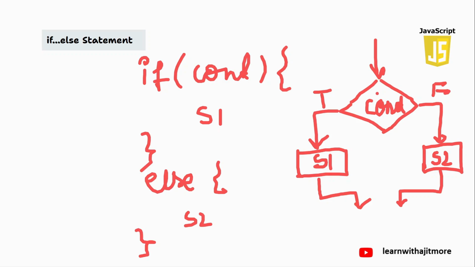Therefore, every day in the morning she checks the condition. Day equal to Thursday, true, then she'll prepare some special dish for you. False, then the traditional. Take that tiffin and go to office. Getting? So many examples come in our surroundings where if and else goes on. Okay?